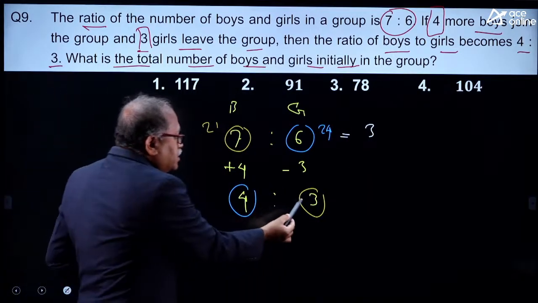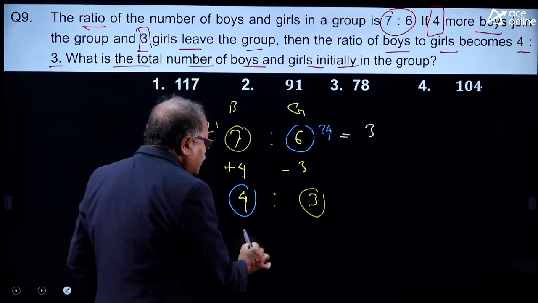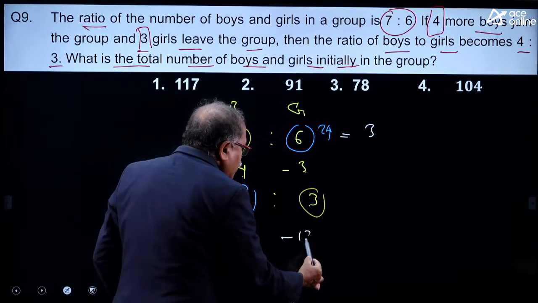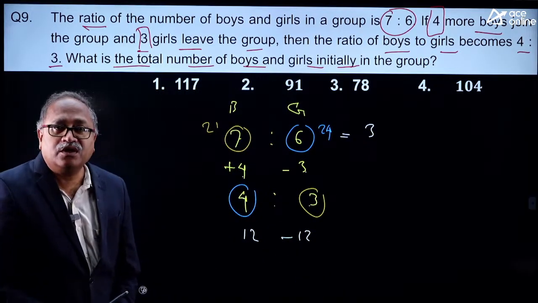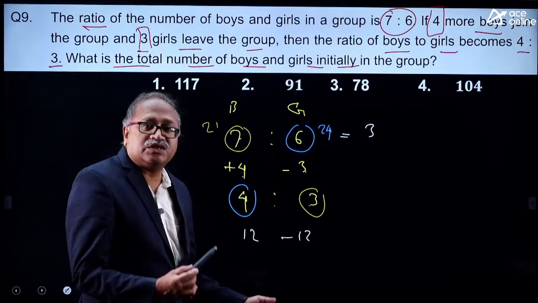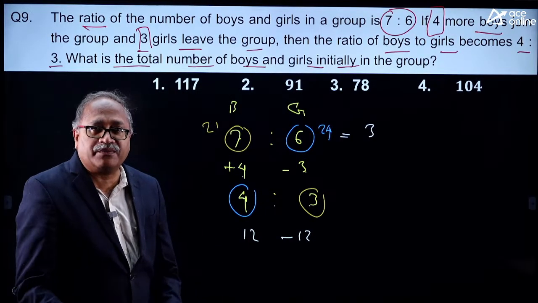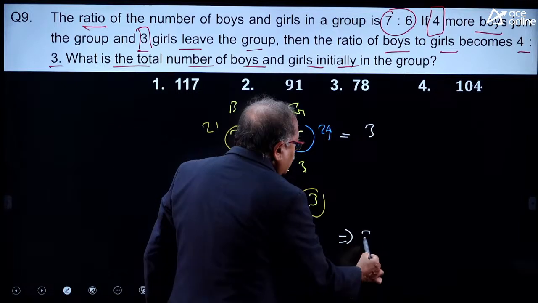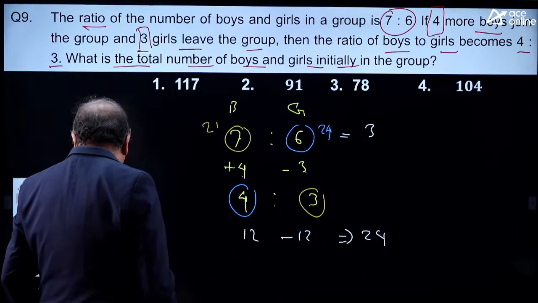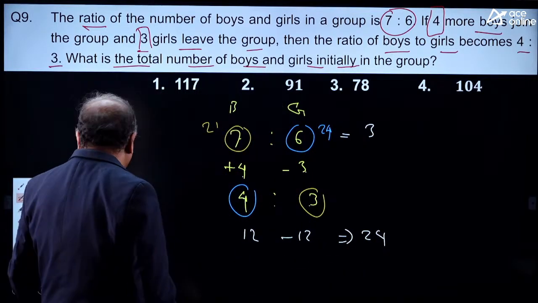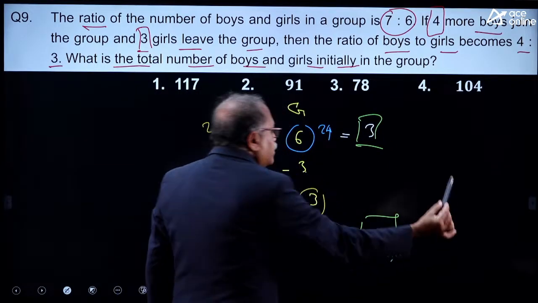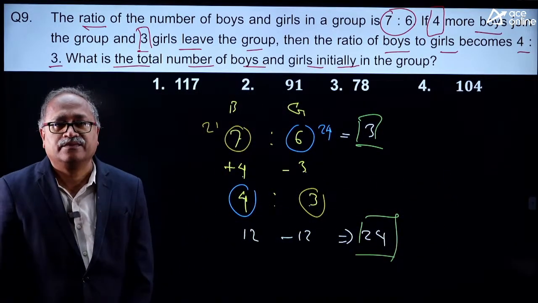Now, with this 3 into 4, that comes 12, and 4 into 3, that comes minus 12. Minus of minus 12 becomes plus 12. So, that comes 24. So, here is the relation that says that 3 parts is equal to 24, then 1 part is equal to 8.